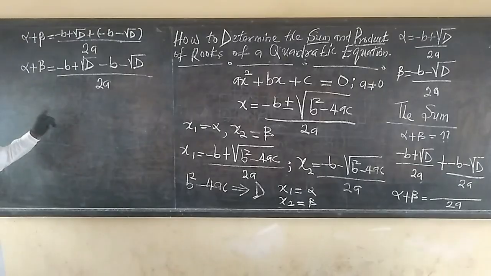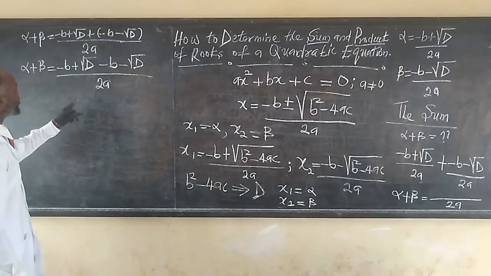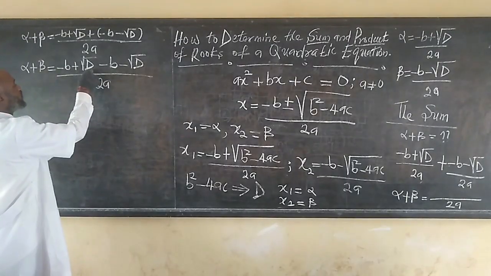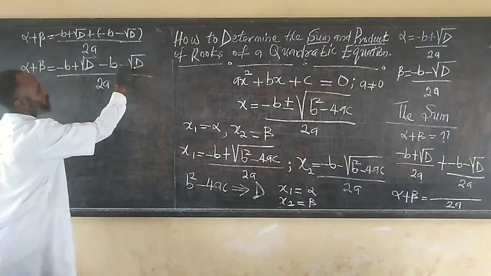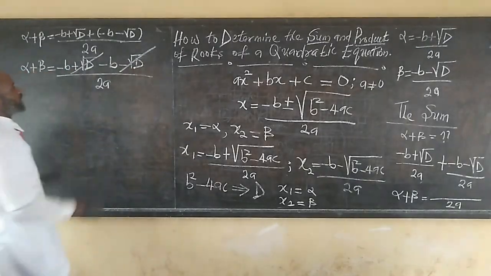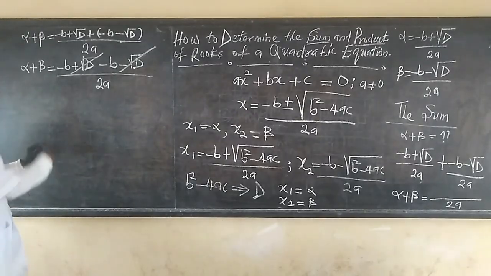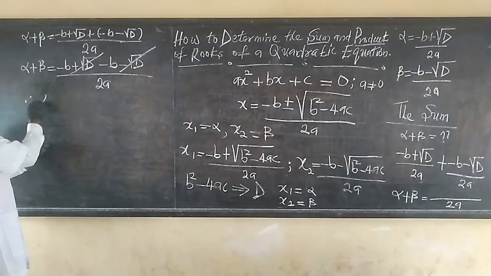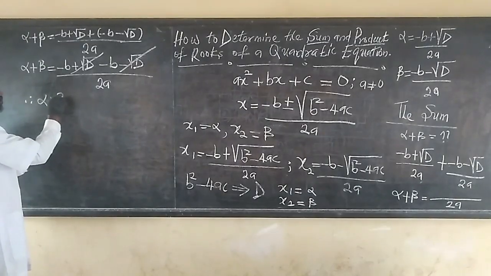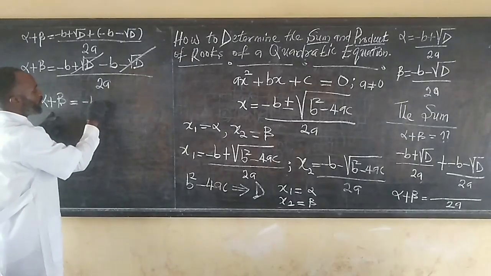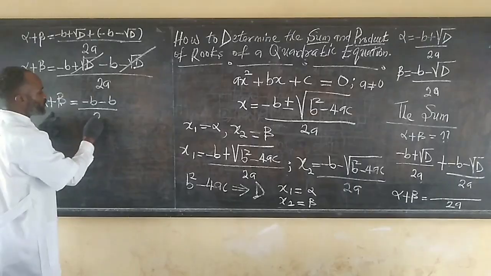That's it. Watch which one will go. Of course, plus square root d and minus square root d will go. This vanishes instantly and we're left with minus b and minus b all over 2a. Therefore, the summation of alpha and beta will give us minus b all over 2a.